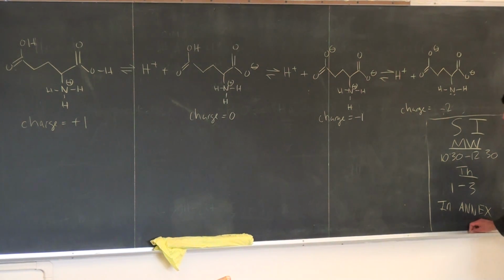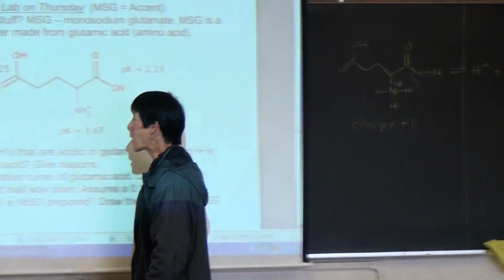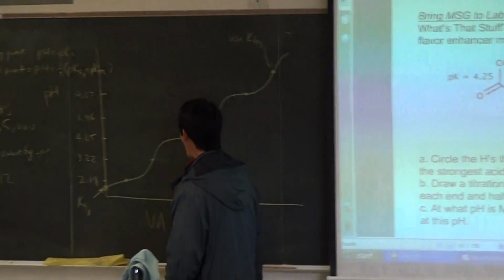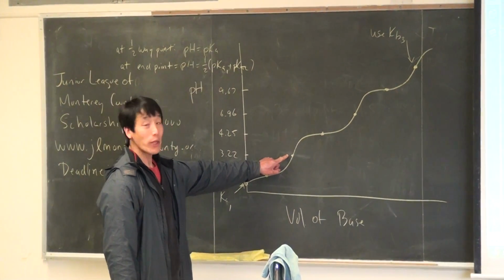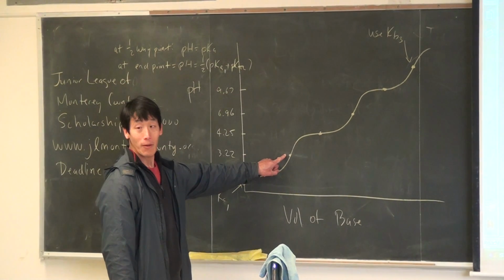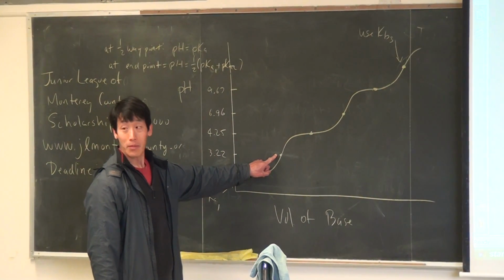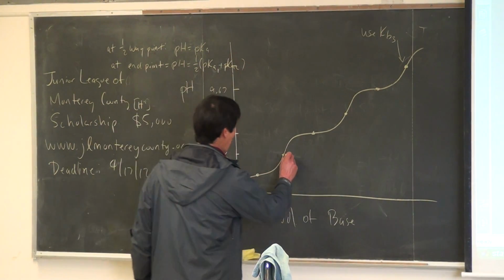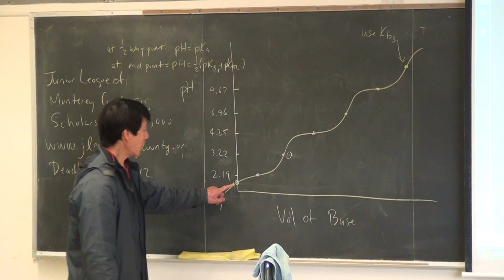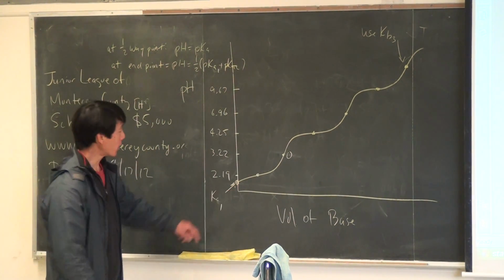Okay, so while you're doing these calculations for pH at the starting point and at the third endpoint, at the first endpoint, what's going to be the charge on the glutamic acid? Zero. Okay, because note that at the starting point, the charge is going to be plus 1.